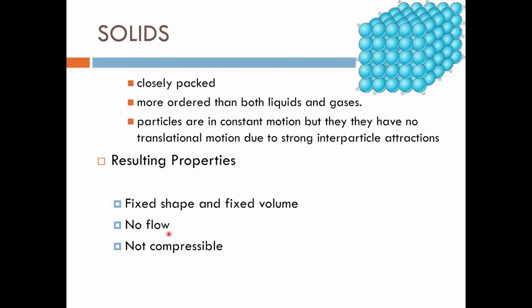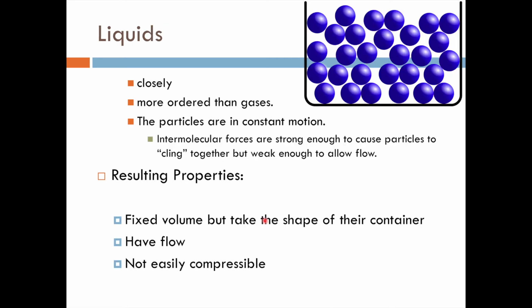So they have no flow, they're not compressible, and they have a fixed shape and a fixed volume. Now liquids are still closely packed, but more ordered than gases. That's an entropy term. The particles are always in constant motion.